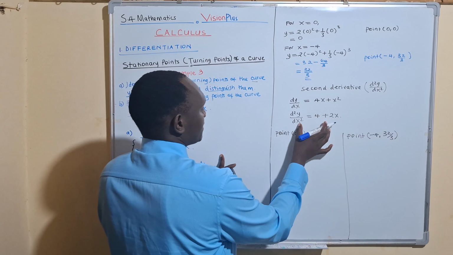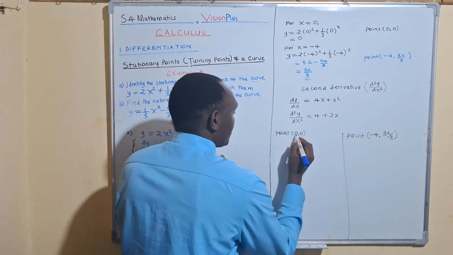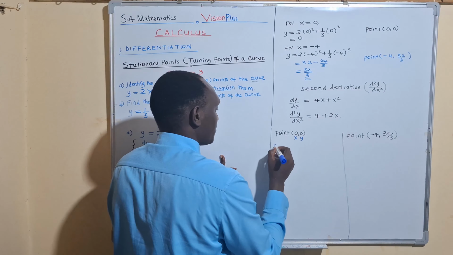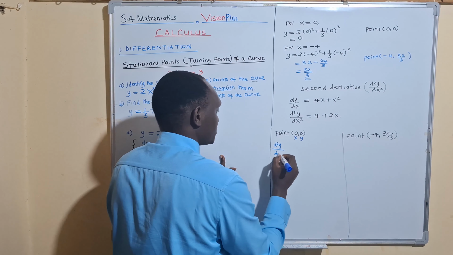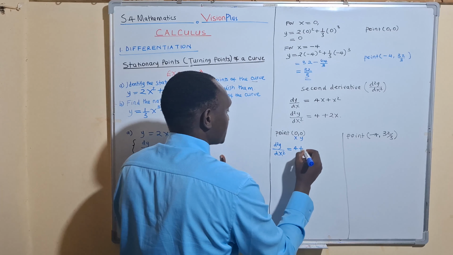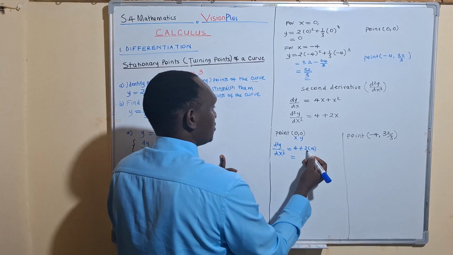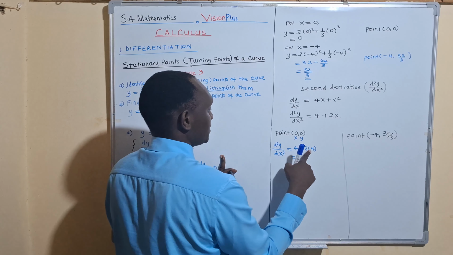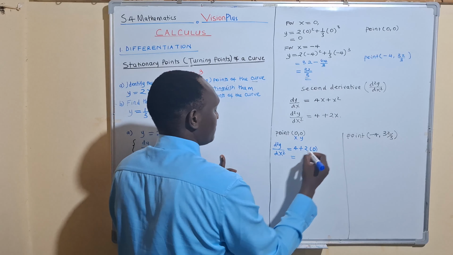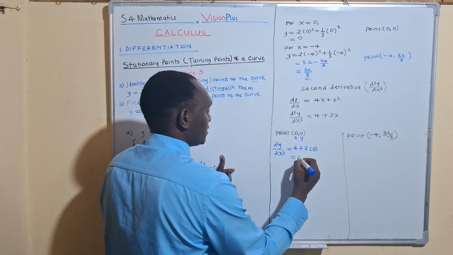Remember, this is coordinate x, this is y. So we substitute x there, so that d squared y over dx squared equals 4 plus 2 times x. x is 0. So 4 plus 0 is 4.